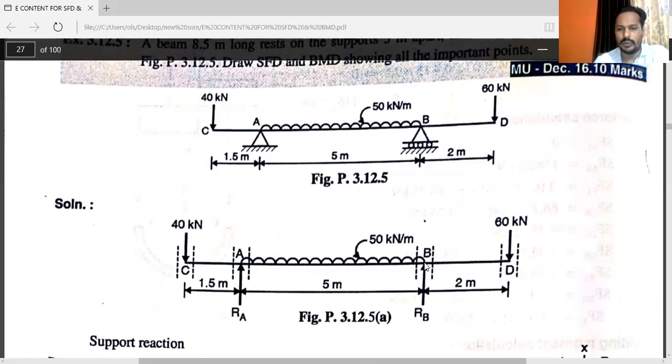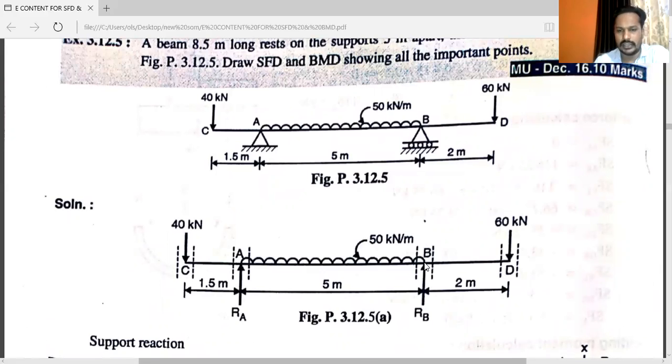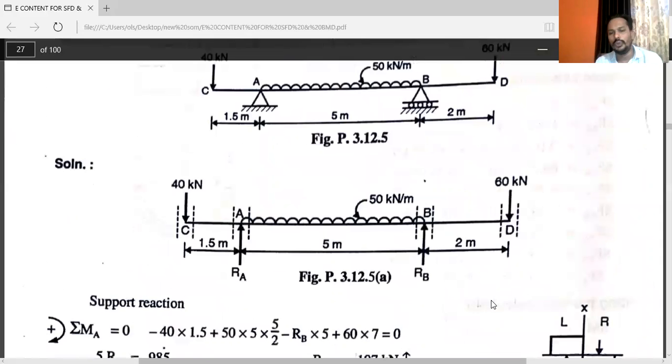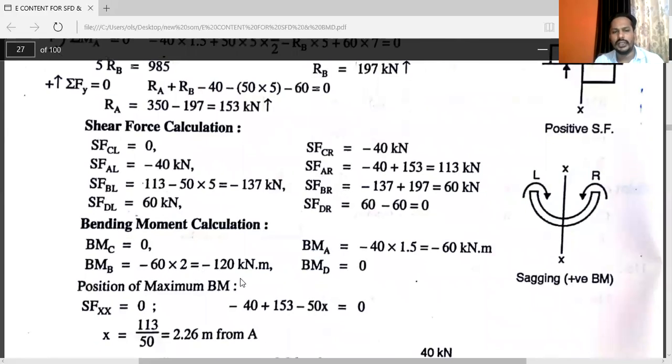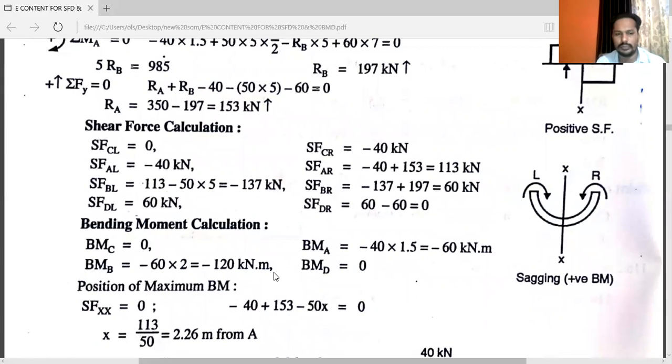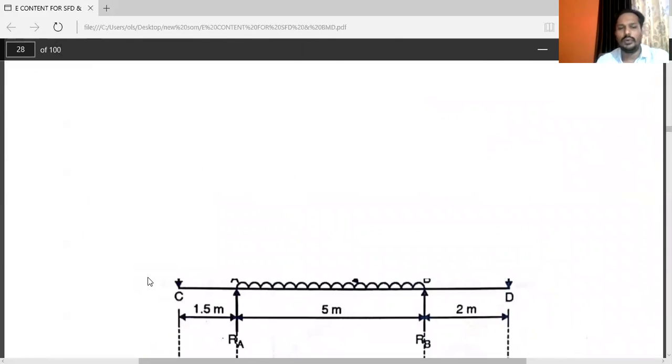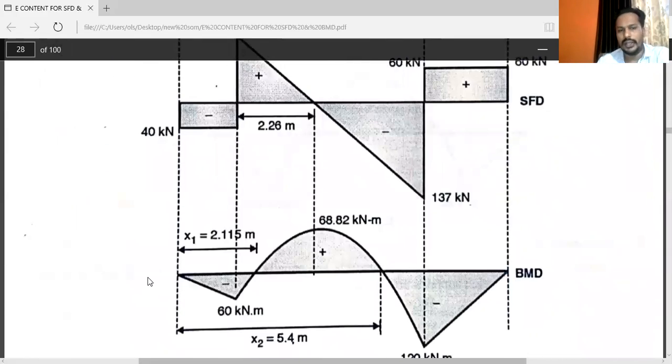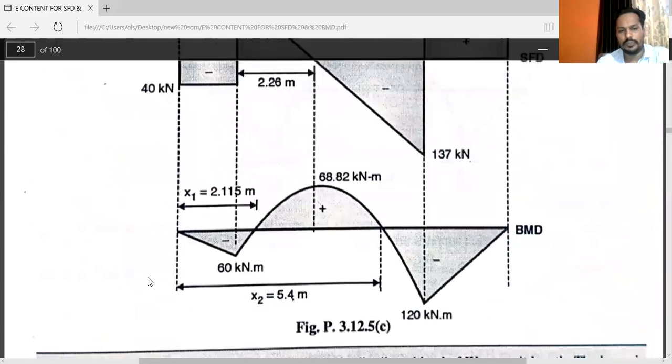You can see the bending moment at point B. Here at point B, you can consider either left side or right side. At the right side, we have only one force, so we will consider the right side. This 60 kilonewton is again in hogging condition. So minus 60 into 2, that is minus 120 kilonewton meter. These are the bending moments at points A and B. According to this, you again have to draw the bending moment diagram.